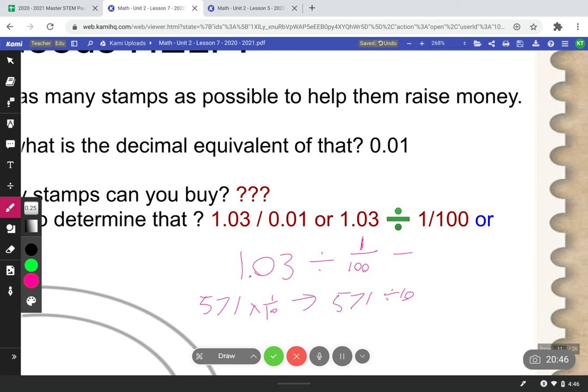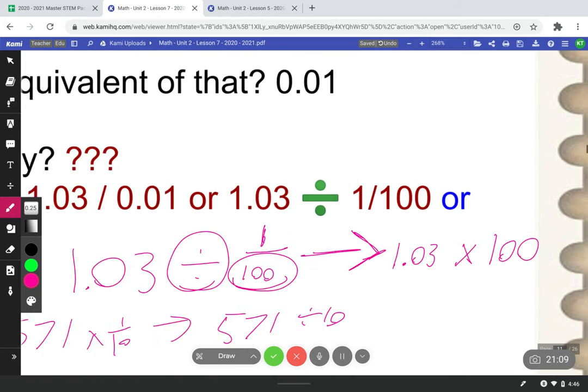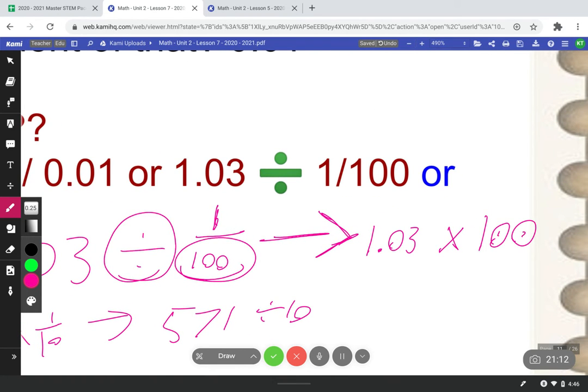We're going to do the same thing here, but we're beginning with division, not multiplication. So do the same thing. What's the opposite operation? So I'm going to do 1.03 multiplied by the denominator, 100. So my place value increases 2. 1, 2. 103 pennies.